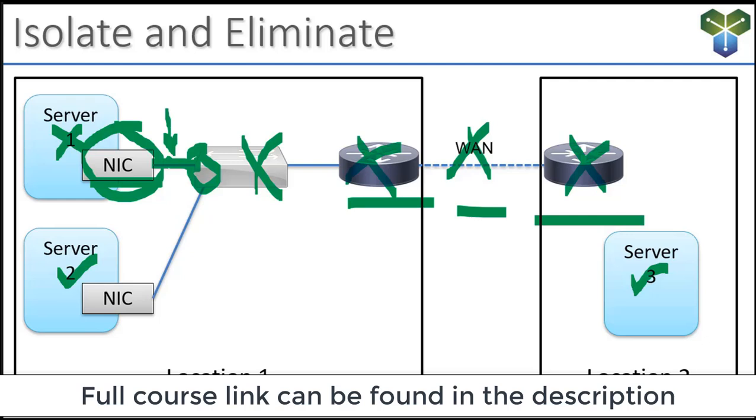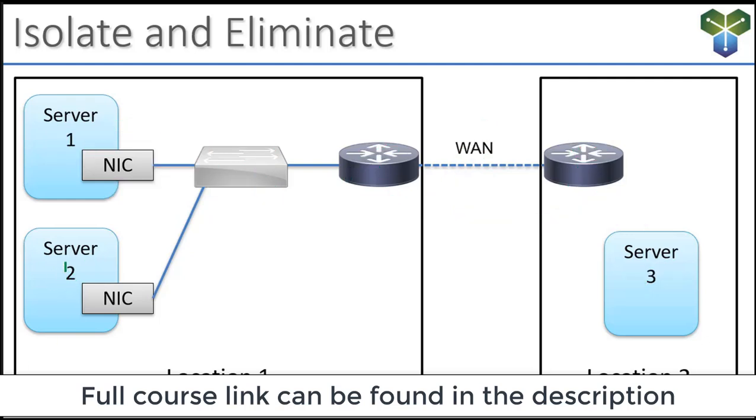But a different scenario is, what if server 2 cannot communicate with server 3 and server 1 also cannot? Well, that means I can eliminate certain things, right? I don't think it's the network interface for either of these servers because they're both in the same situation.